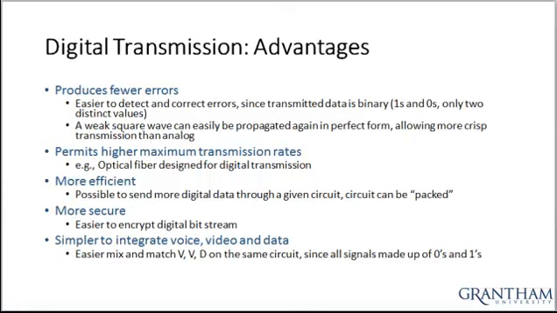So even as the signal is weakening, it is much easier to boost it back up to its original and accurate form. Whereas with analog transmission, the actual value could be on any position within that wave, and it is much more difficult to reproduce, or it is prone to error.